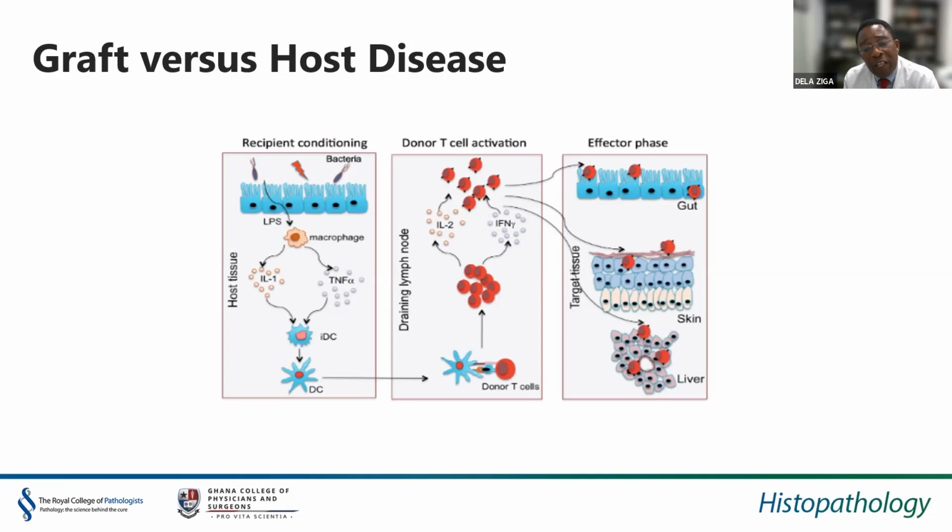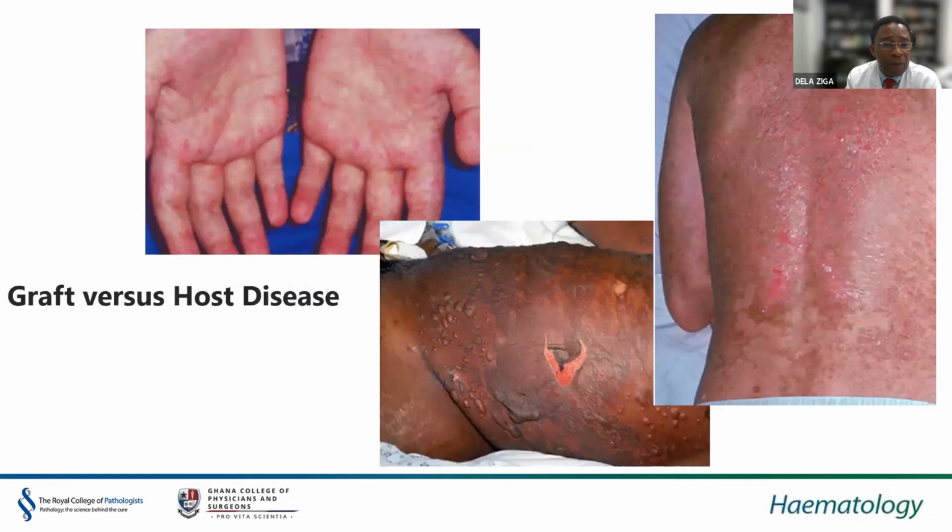This leads to activation of the lymphocytes, proliferation, and signaling, and they migrate to the recipient sites, like the skin, the intestine, and the liver, where they cause excessive damage. This can lead to early mortality if not managed expectantly.